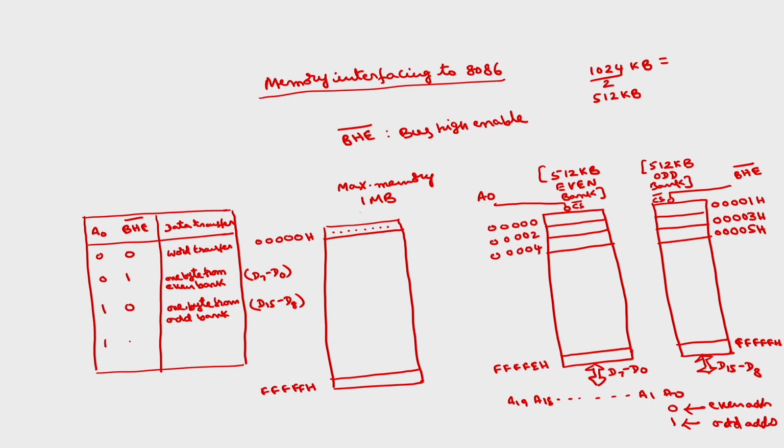If both are ones, no transfer occurs, no data transfer will take place, because both will be disabled. So, based on this, we can connect the memory to the microprocessor.